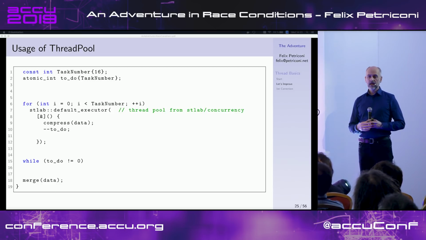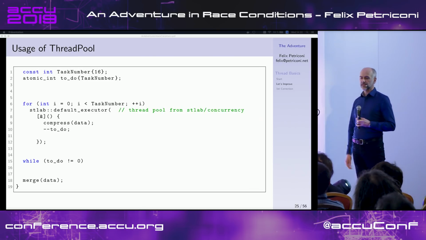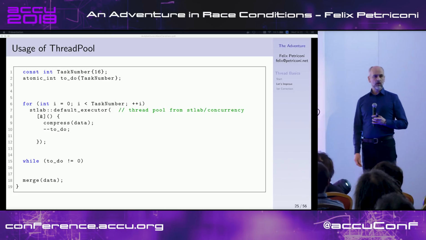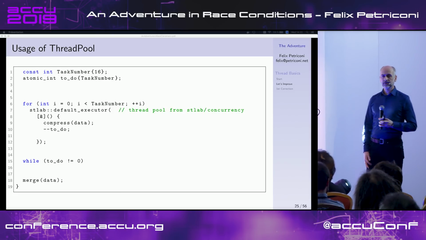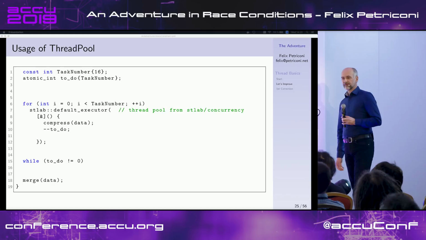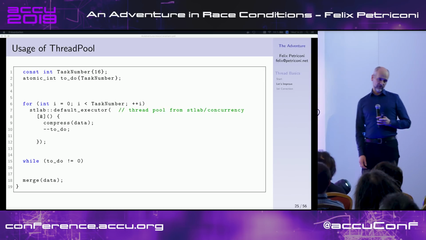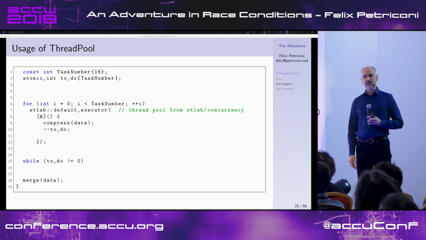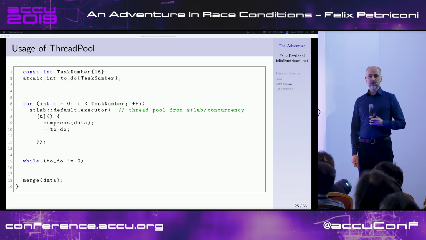There are several ways, and I often read questions like, how do I implement my own thread pool? I would advise not to implement your own thread pool. Use something that is ready-made, because implementing a thread pool that is slow is very, very easy.